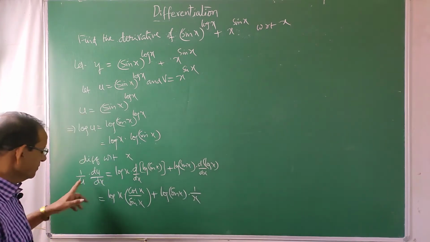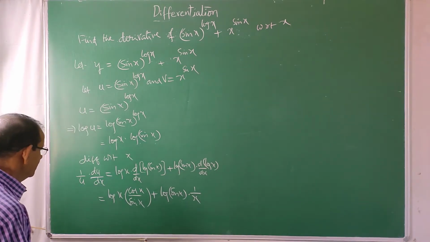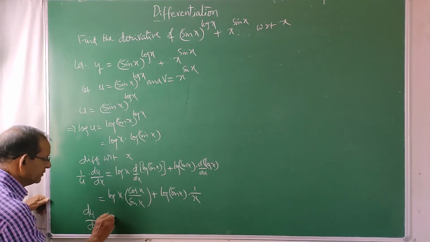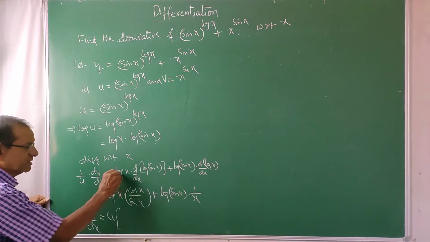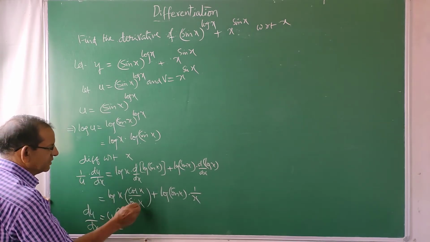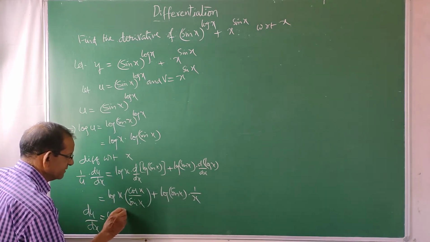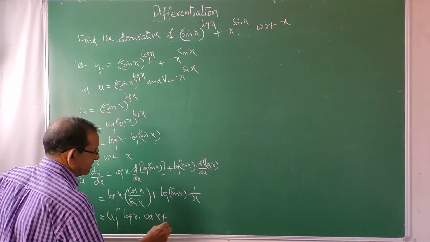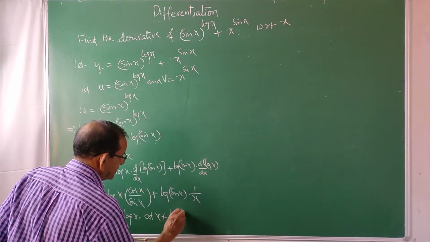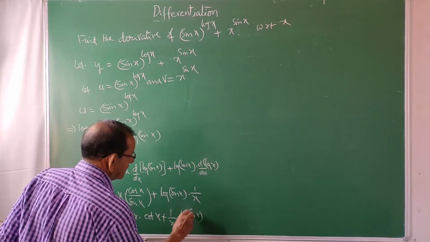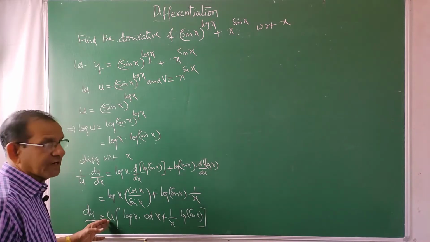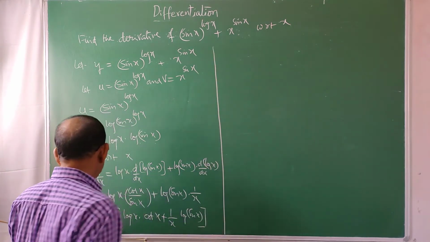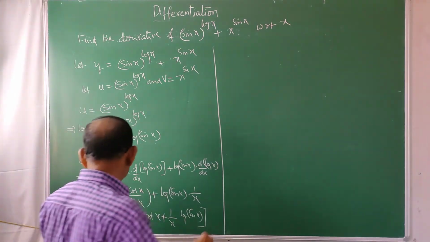So this is 1 by u into du by dx. So du by dx is equal to u into this whole thing, taking cross multiplication with u. This is cot x. Cot x into log x plus 1 by x into log of sin x. Now you have to write the value of u, that is sin x power log x.